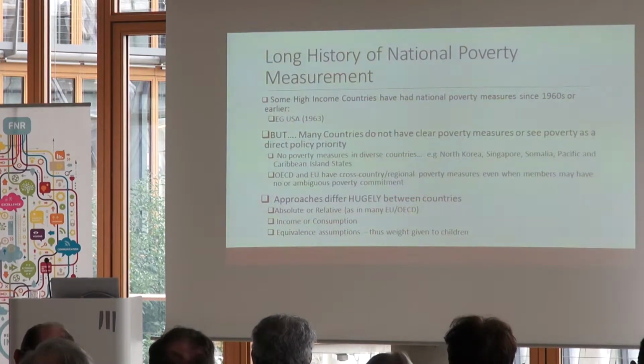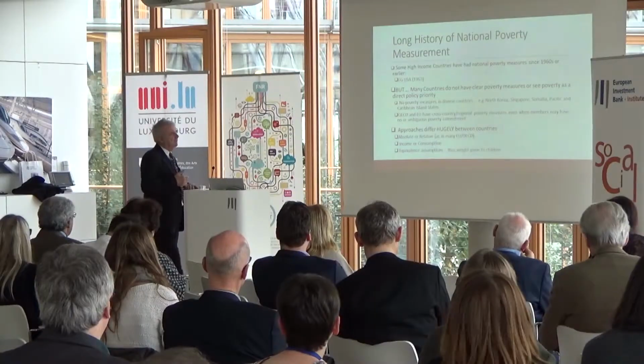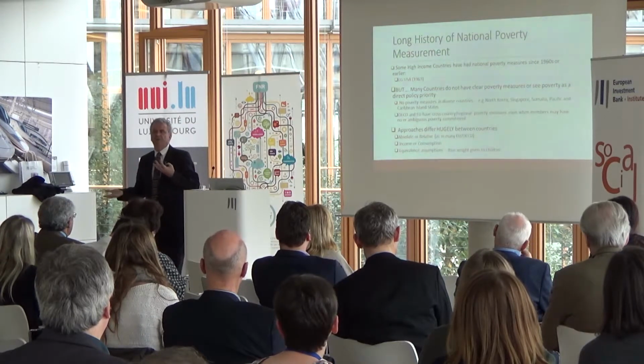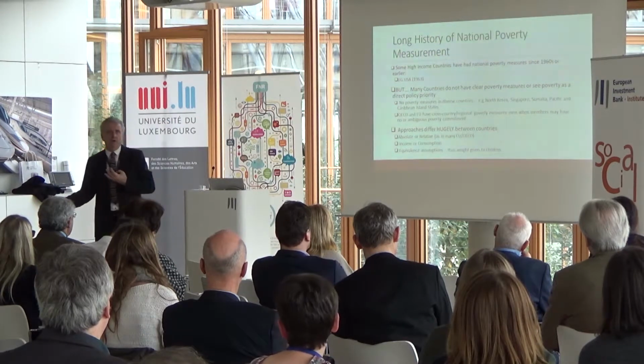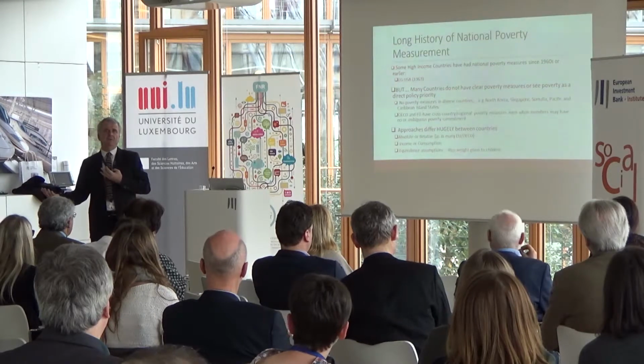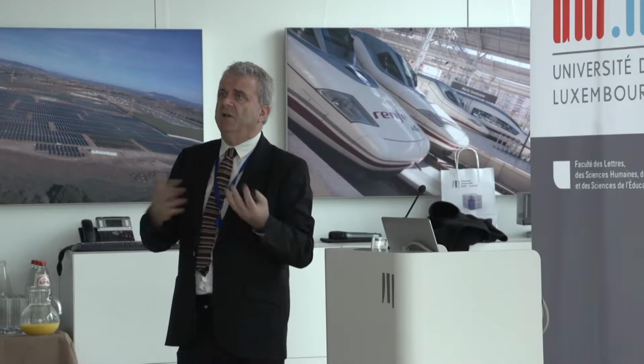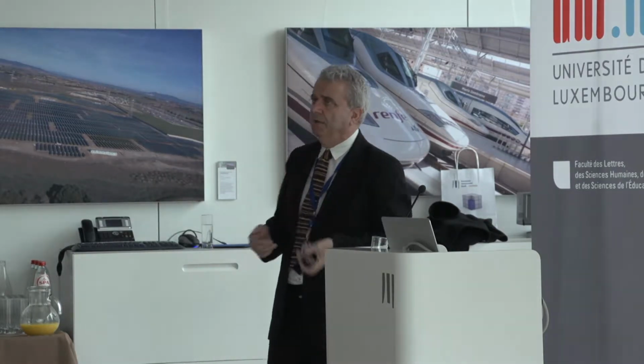We also know this from within the OECD and EU debates, the EU social inclusion debate and child investment debate. We see a lot of difference between countries who adopt a strong poverty focus, such as Ireland and the UK, versus countries that have less of a commitment to a poverty focus.